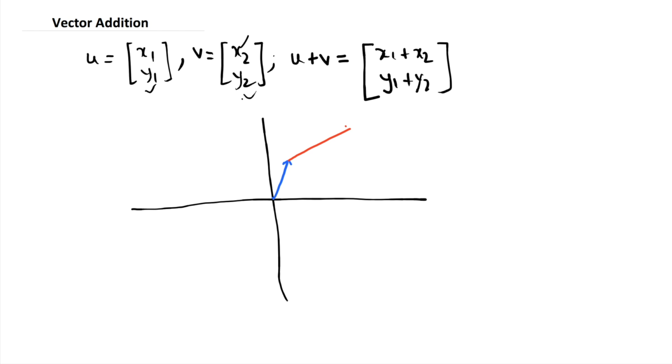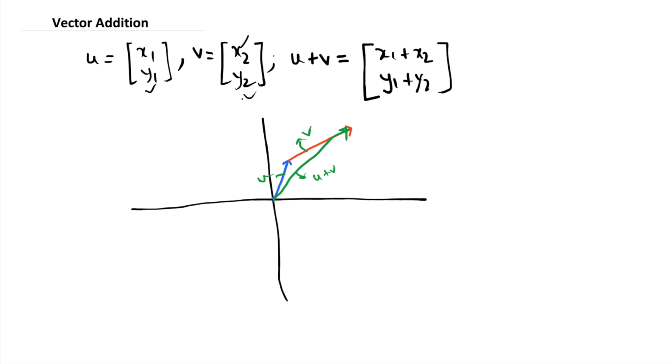So let's say this is the vector v, and I'm drawing vector v so that it starts from the tip of vector u. So now the result of addition of vector u and v will be represented by this vector u plus v. This is not a straight line, but you can assume that this is a straight line. So this vector is u plus v. So this is u, and this guy is v.